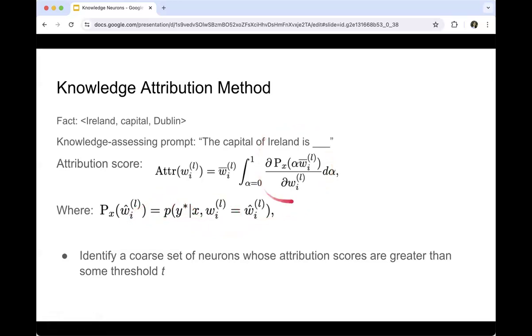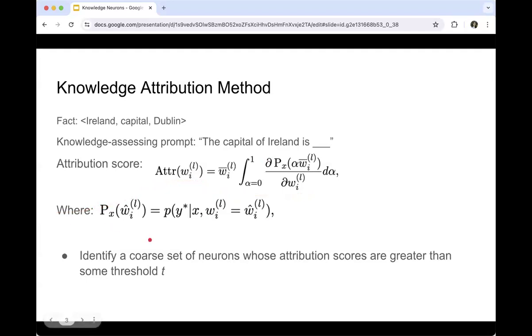Intuitively, you can imagine that this term represents the gradient of the model output with respect to the neuron that we're trying to find the attribution score of. So if this neuron has a greater influence on the model's expression of the correct fact, then the gradient term would be larger and the attribution score would be higher.